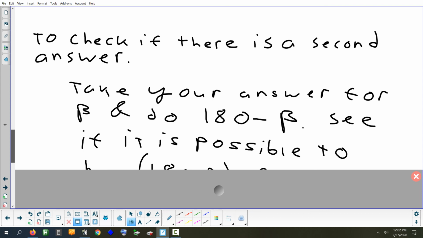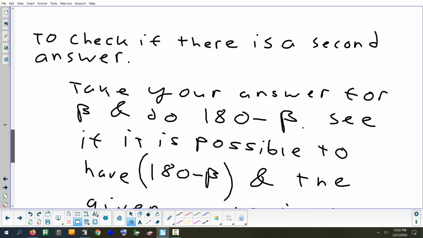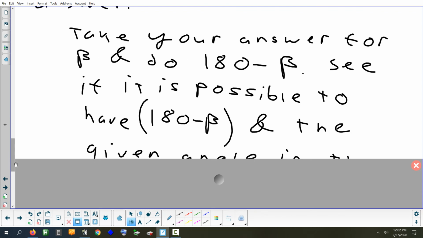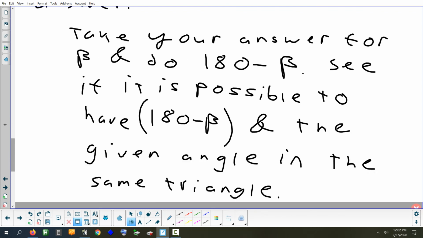To check if there's a second answer, it's 180 minus your reference angle. And you already have that in your ASTC chart. And then, once you get that, see if it's possible to fit the answer you just got and the one they gave you in the same triangle. And by fit, I mean it has to add up to less than 180. If it's more than 180, the second answer doesn't work.